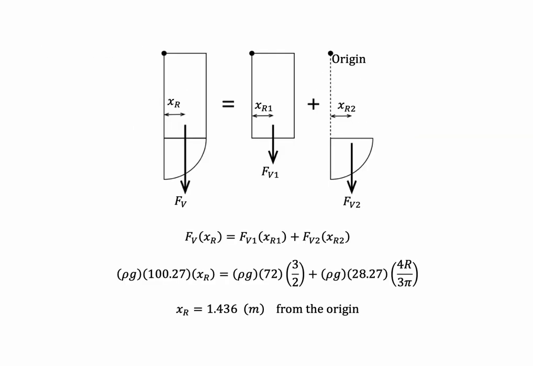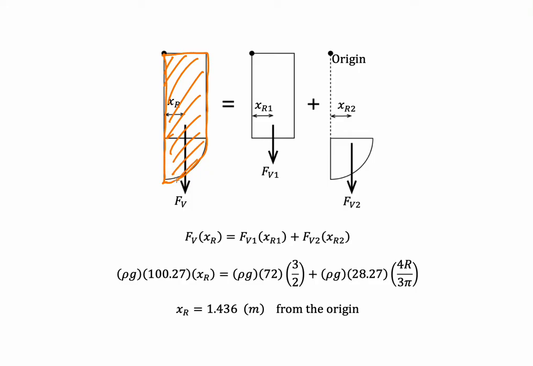Then we could determine the location where the vertical force acts. However, because this shape is not a common shape, we don't have a specific equation to calculate the x_R for this shape.